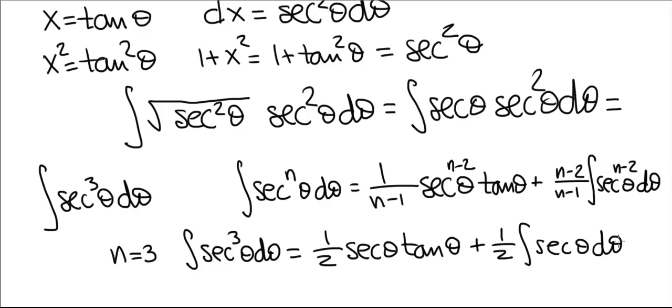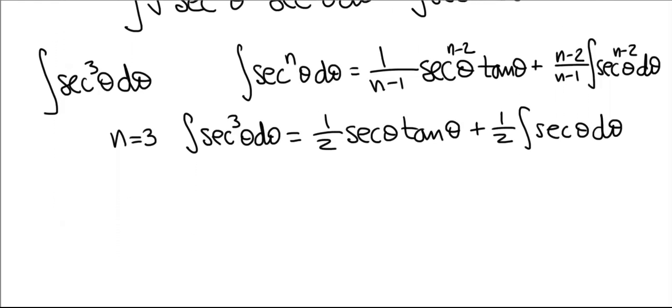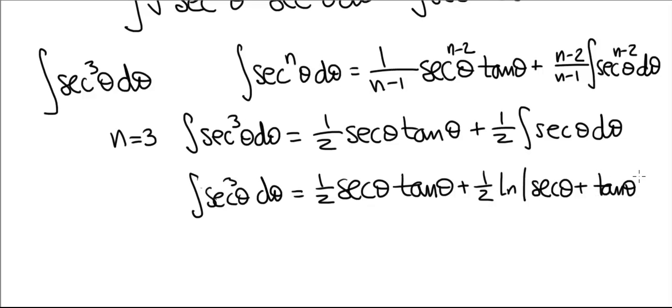Now, you should memorize the integral of secant. It's also derived in an earlier video. And we have the integral of secant cubed theta d theta. It's 1/2 secant theta tangent theta plus 1/2 the integral of secant, and that's natural log of the absolute value of secant theta plus tangent theta.